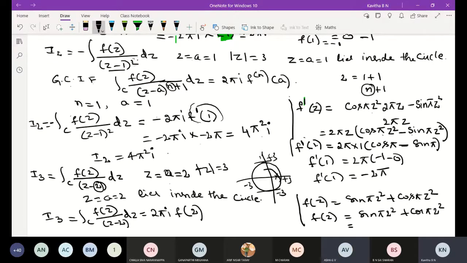Sin 4 pi is 0, cos 4 pi is 1, so f of 2 is equal to 1. Means 2 pi i into 1, so I3 is 2 pi i.